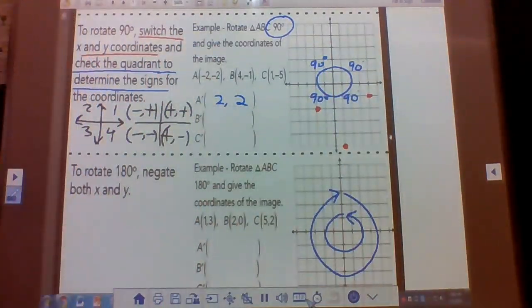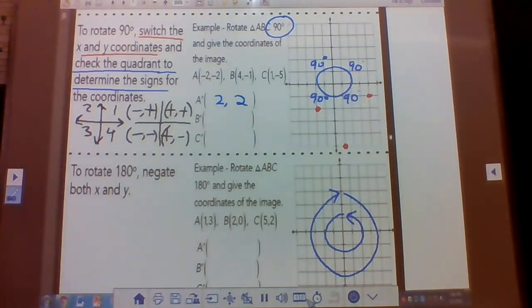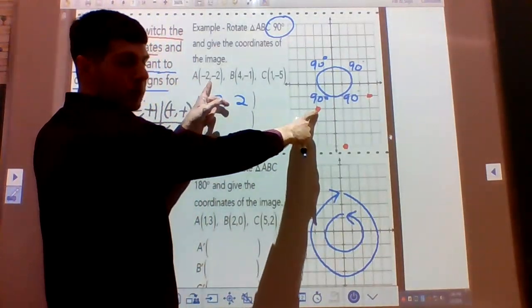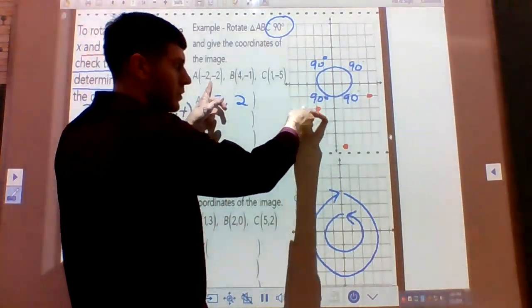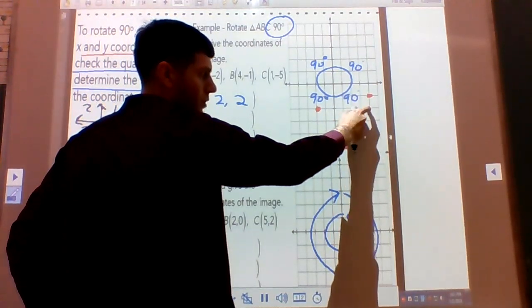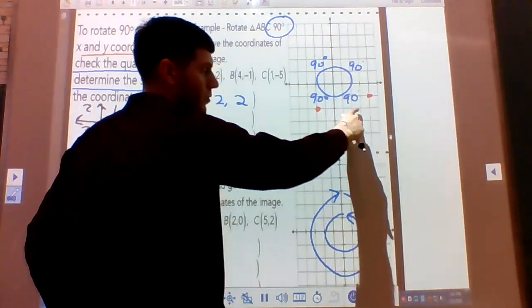So if they don't tell us which way we're going, we're just going to assume counterclockwise. So if we're taking the point -2, -2, and we're going counterclockwise 90 degrees, we're going to go over 1 quadrant counterclockwise. So -2, 2 is going to end up in quadrant 4.